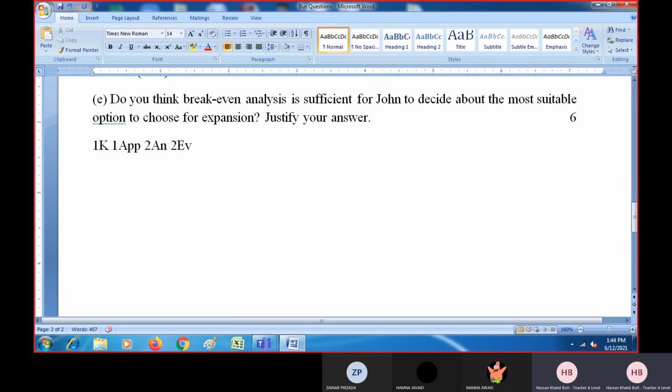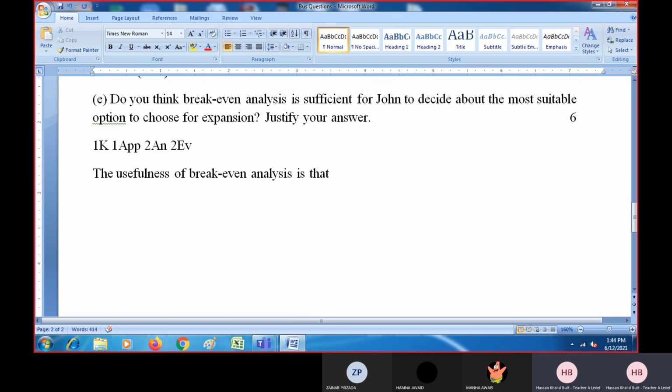Let's say I am writing the usefulness of break-even analysis. I completely ignored the statement of the question. I just found that break-even analysis is there, so I am here to discuss the advantages and disadvantages.